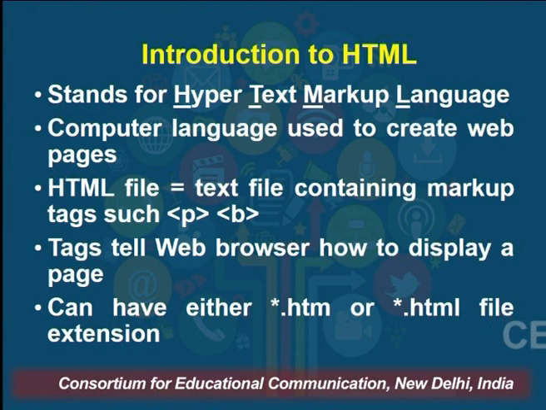There are certain predefined tags, and every tag has a specific function. That function defined for a particular tag is known as a markup. The tags tell the web browser how to display a page, and then you save that text file with either a .htm or .html extension.